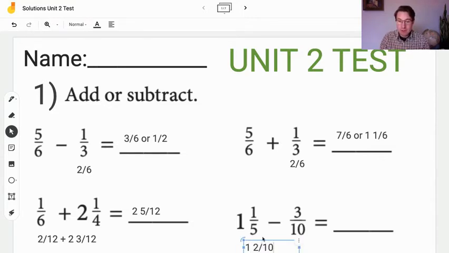All right, 1 and 2/10 minus 3/10. Well, that gives us this problem here. 3/10 is more than 2/10. So if we're going to subtract, we'll take away those 2, bringing us to 1 whole, but we still have 1/10 left to take away. 1 whole will turn into 9/10. 9/10. You could write this out, regrouping the 1 into 10/10, making that 12/10, and then subtract the 3. That would also work.